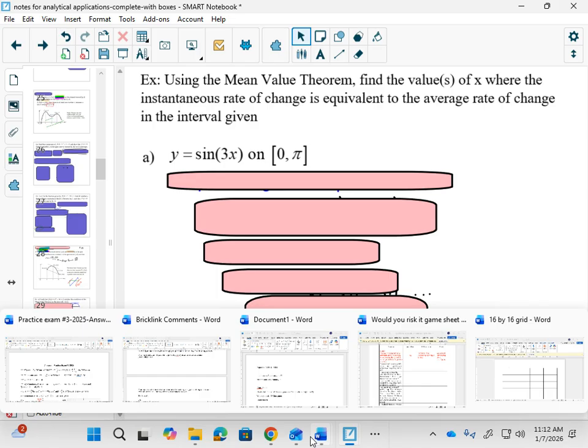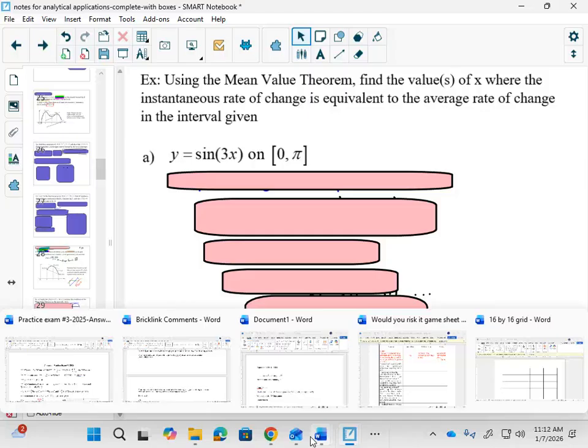So, using the mean value theorem. When we see the mean value theorem, first of all we say, okay, continuous and differentiable. I have to state that. And the secant line slope has to be equal to some point on there, the tangent, the instantaneous rate of change.